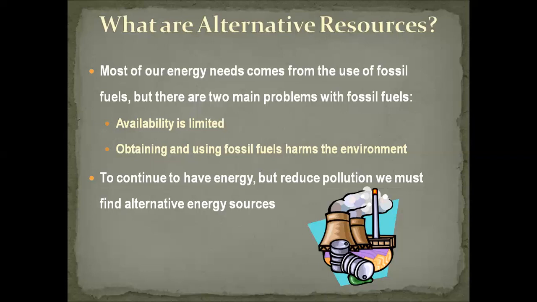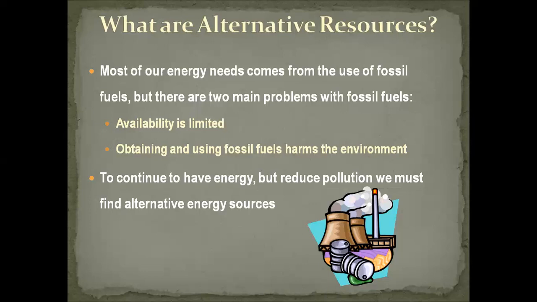Because as per the concept of sustainable development, we need to preserve the natural resources. So of course there is a need to find alternative resources of energy. Most of our energy needs come from the use of fossil fuels. But there are two main problems with fossil fuels.